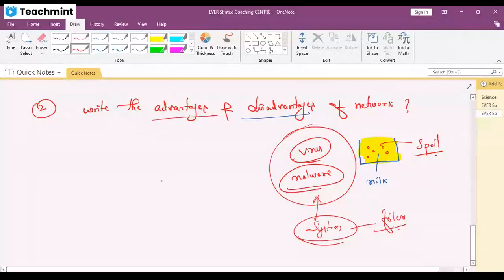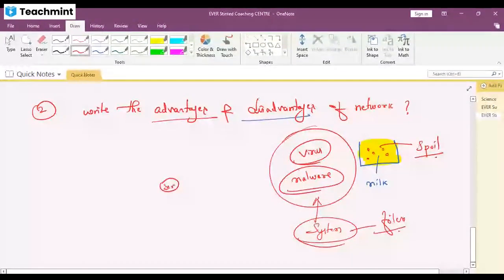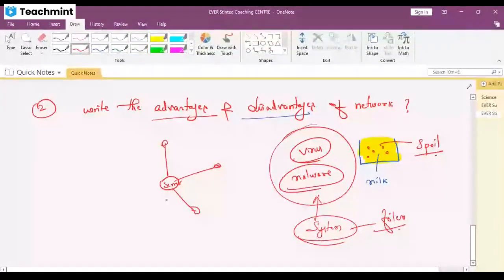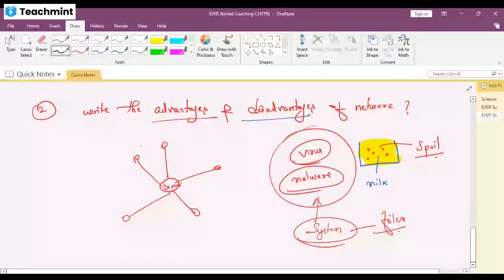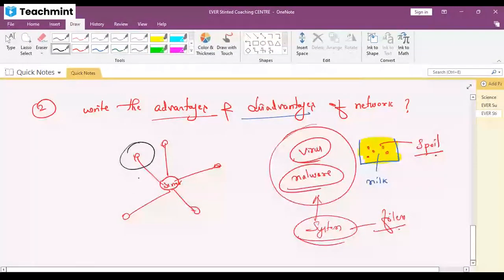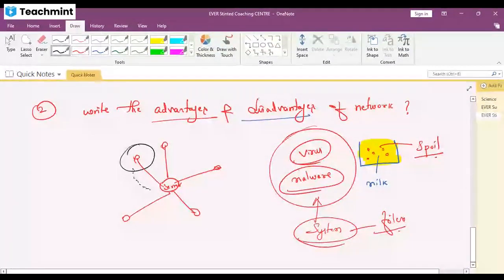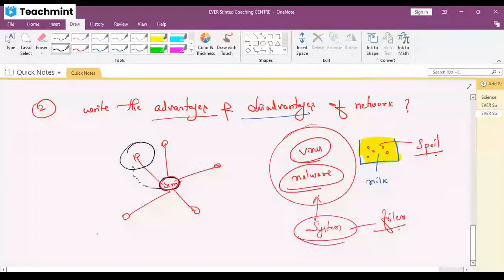What happens? We already studied there is a server, and these are different systems connected to this server. If any one system gets affected with a virus, the data of this system is stored in the server. Yes or no? Then this data also is connected to the same server.